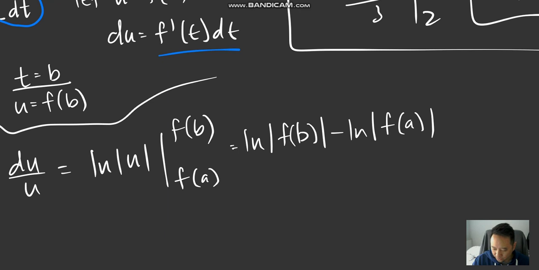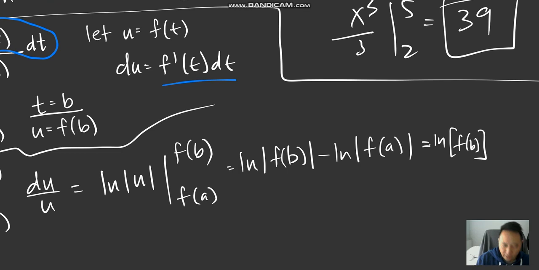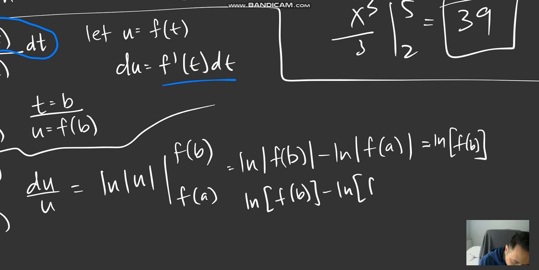The problem told us that this entire expression is equal to the natural log of f of b. At this point, I don't think we need to worry about the absolute value here. So we rewrite this as natural log of f of b minus natural log of f of a equals natural log of f of b.